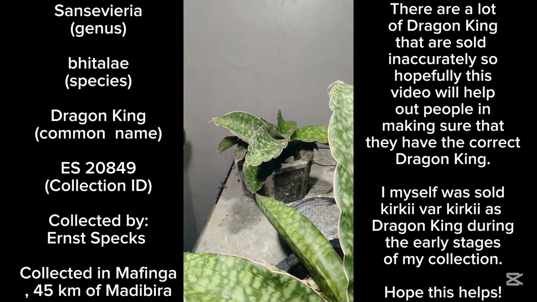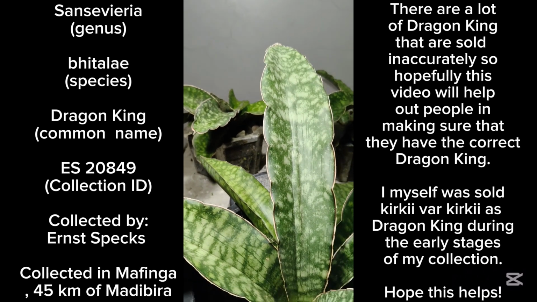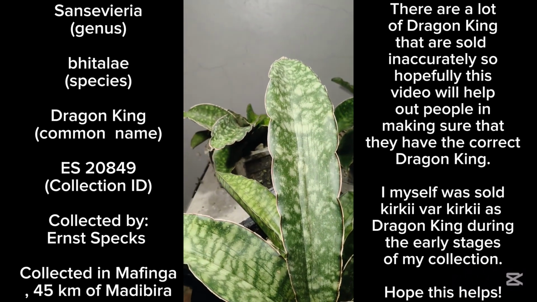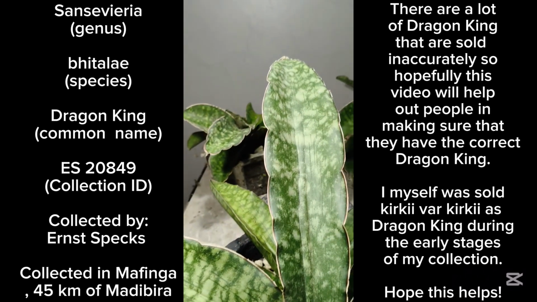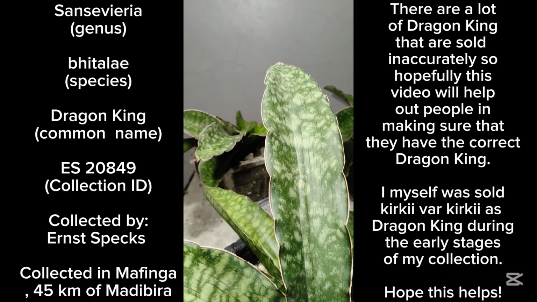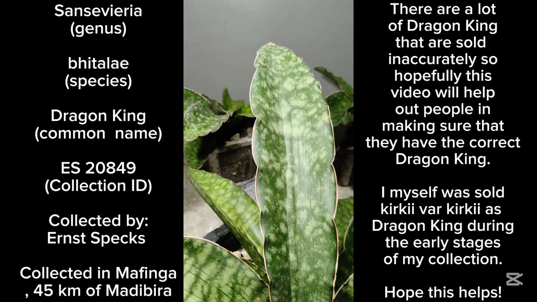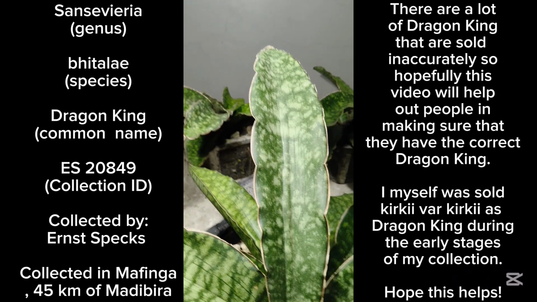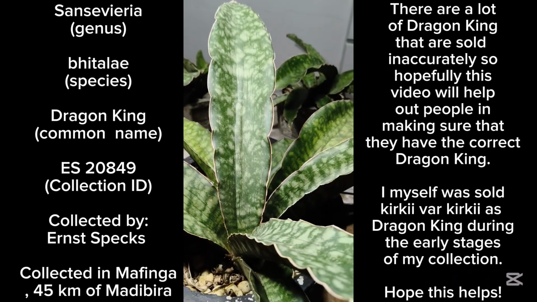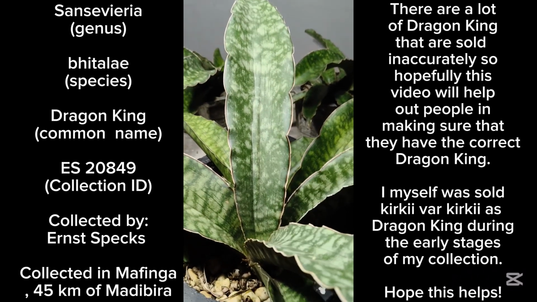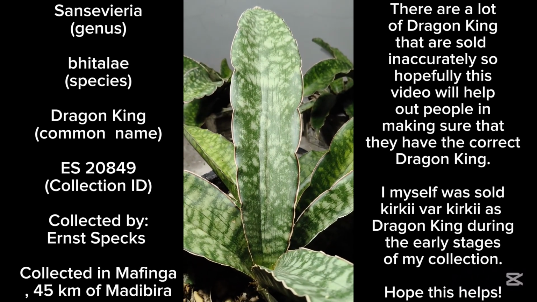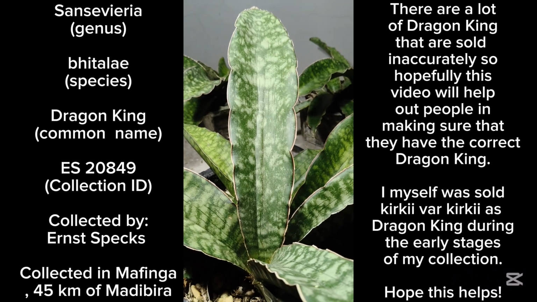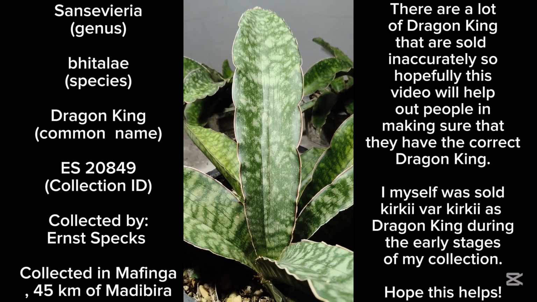Perhaps the form of it, or the markings on them, are very dragon-like in pattern or appearance. So the one I am focusing on right now is ES20849, the one having the alias of Dragon King.